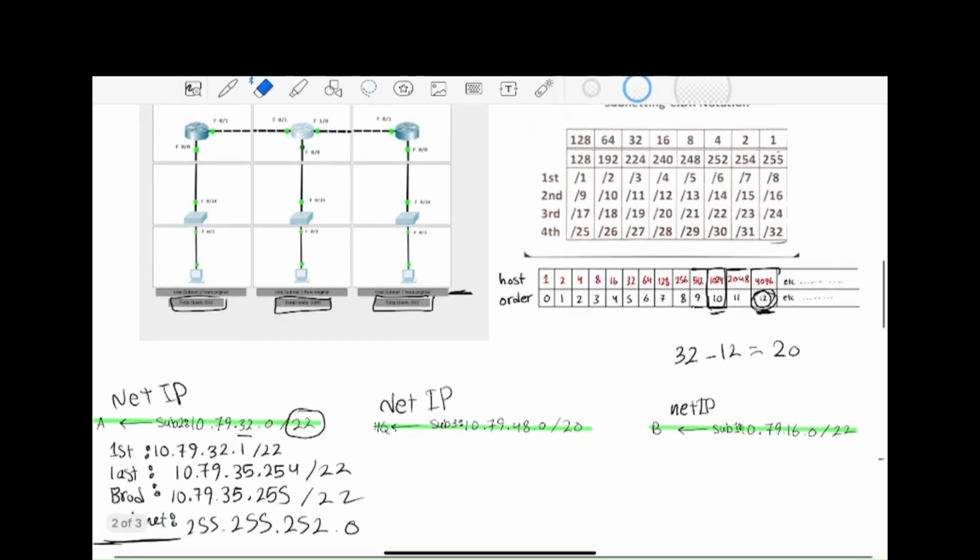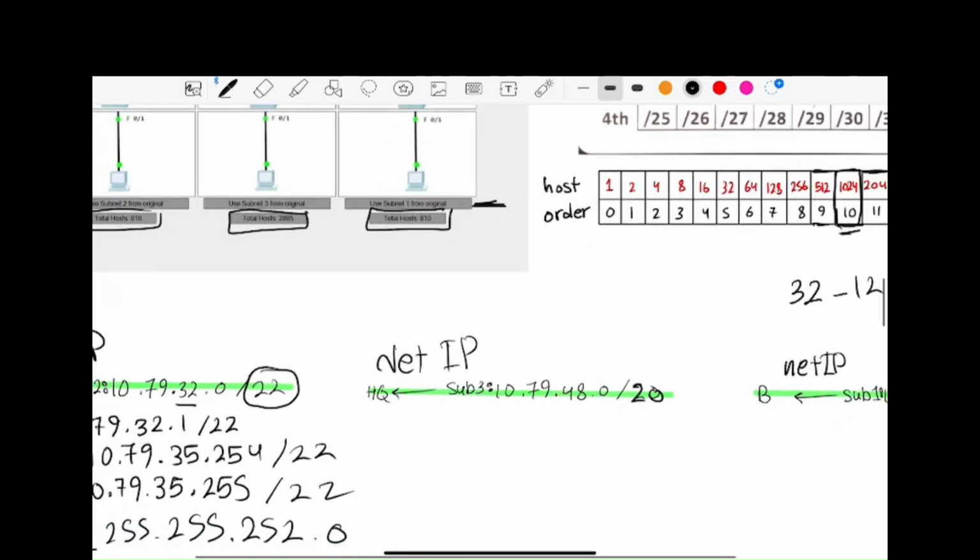So let's do the HQ. We know that our network is /20. To get the first usable, we add 1 to this IP.